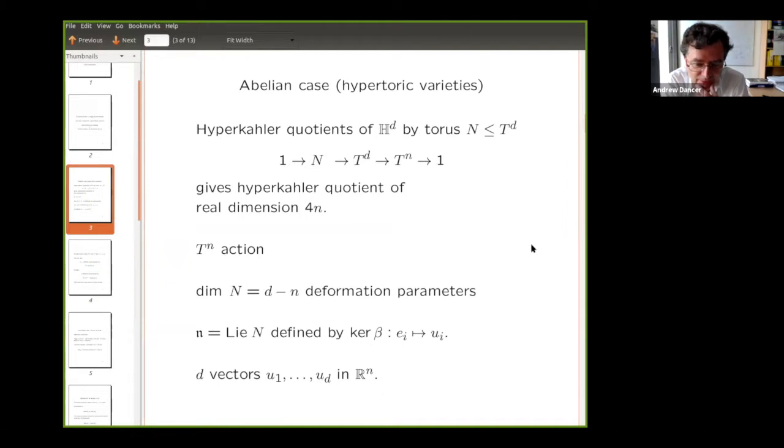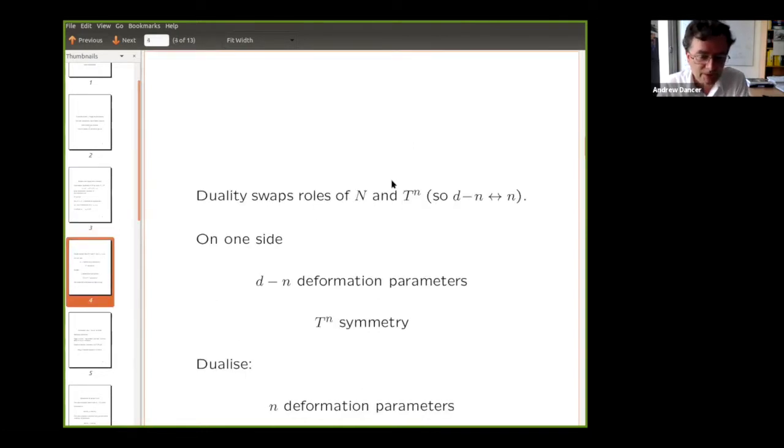So it's encoded by these d vectors u1 through ud in Rn, and that's the start of the combinatorial convex geometry picture here. So we have d vectors in Rn. In the classical toric case, these would be the normal vectors to the faces of the polytope. Here the situation is slightly more complicated.